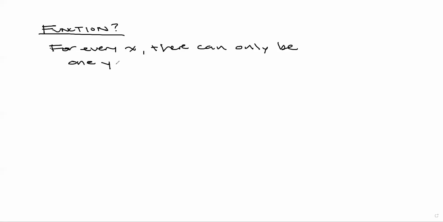Now, the formal definition of a function states for every x, there can only be one y value, okay?